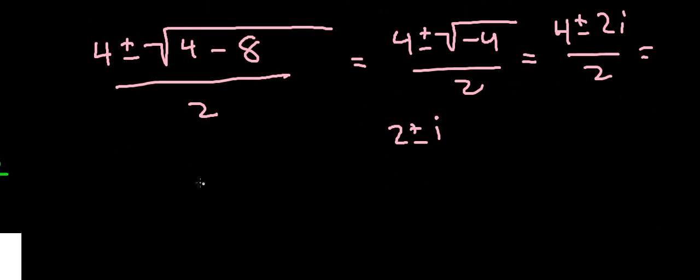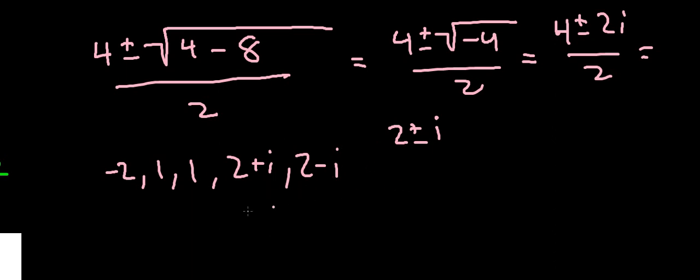So our zeros are minus 2, 1, 1, 1 plus i, 1 minus i.